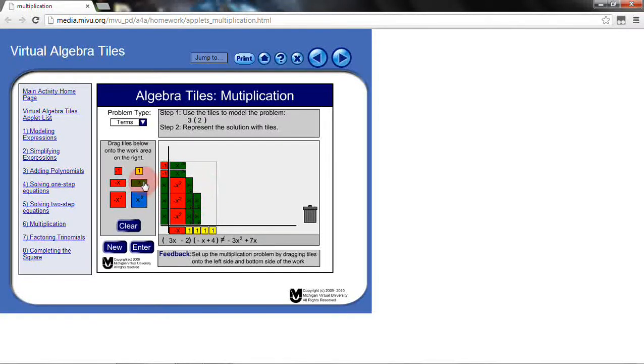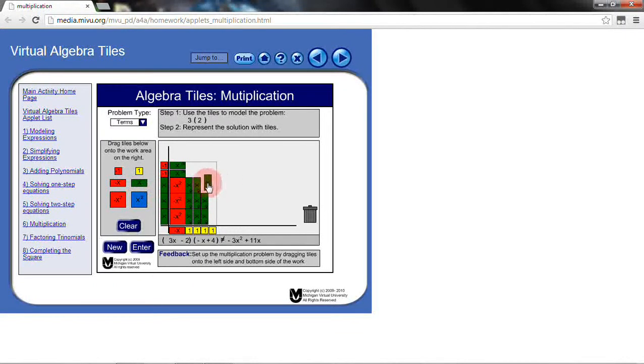And again, I have to rotate because the sides have to match. So here's my x side and my 1 side. If I left it like this, that would be incorrect. So I do have to rotate as I go. And if you're doing this on paper, it would probably be a little easier.